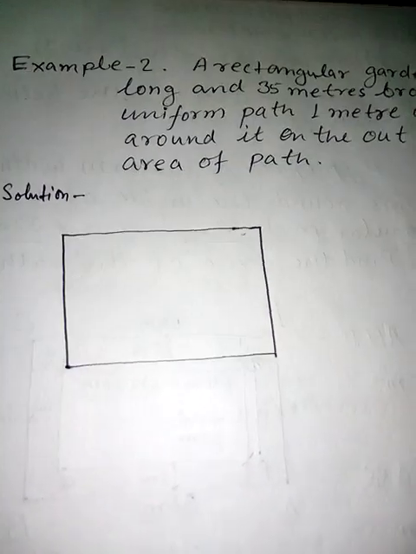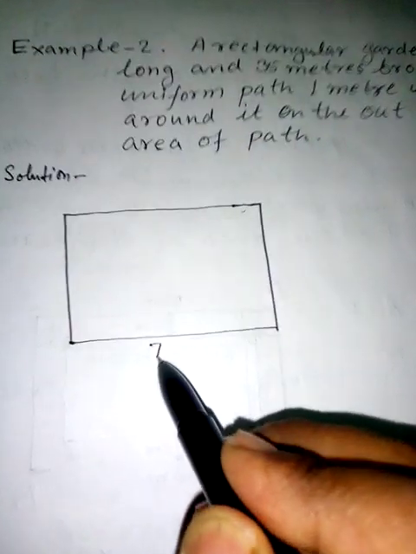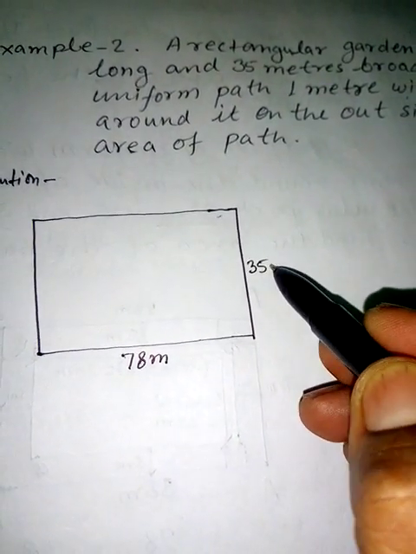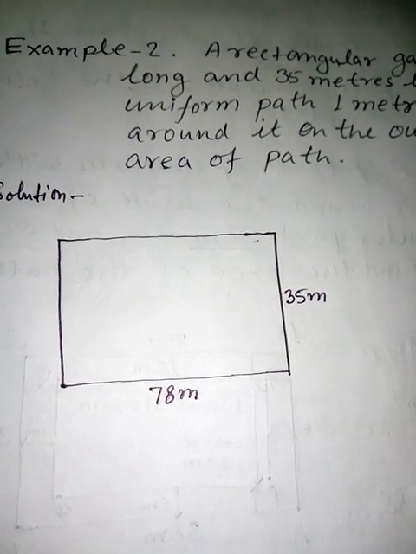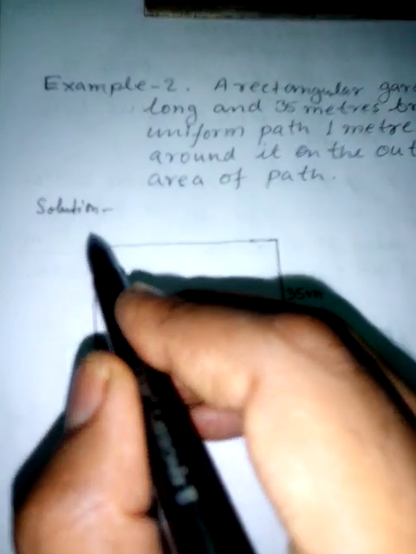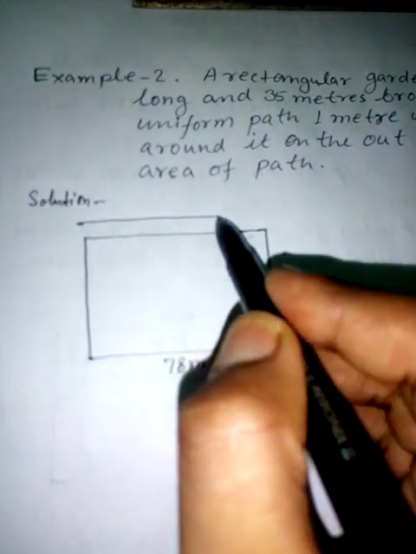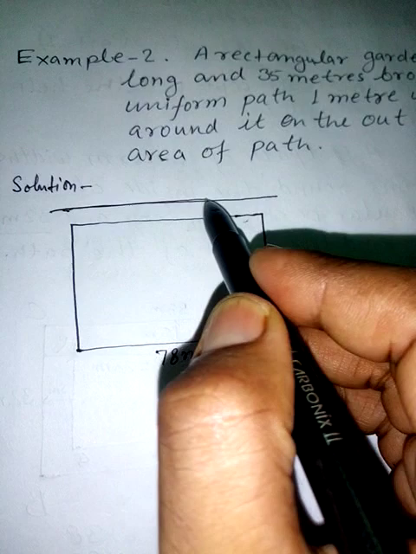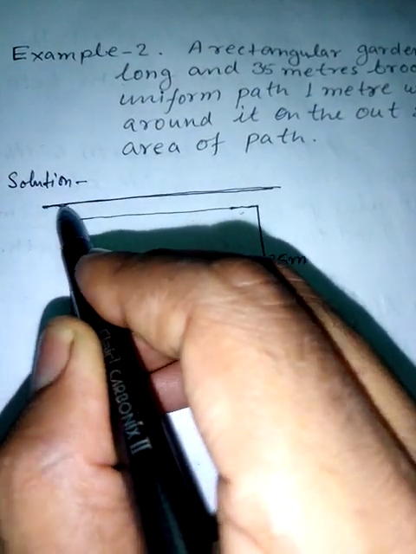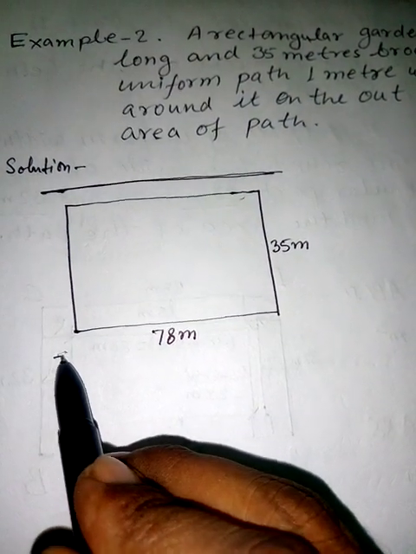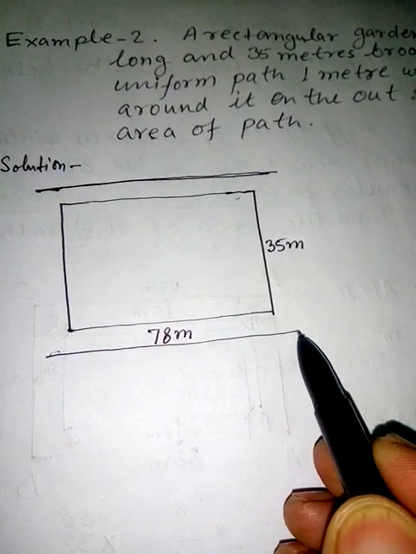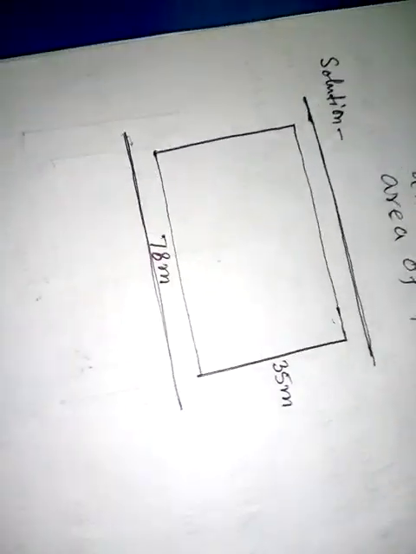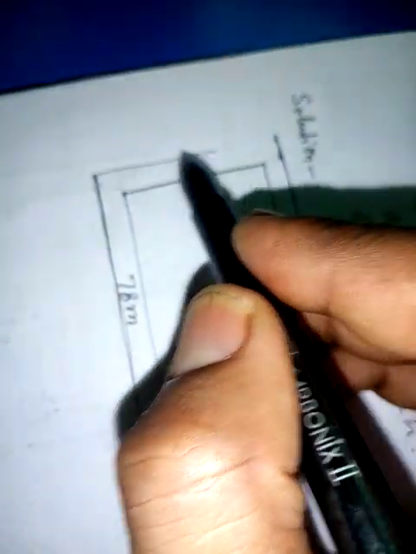Students, we take it as 78 meter and 35 meter broad, and now it is given 1 meter broad, 1 meter broad rectangular path is all around from outside, not inside, outside. It will be like this.